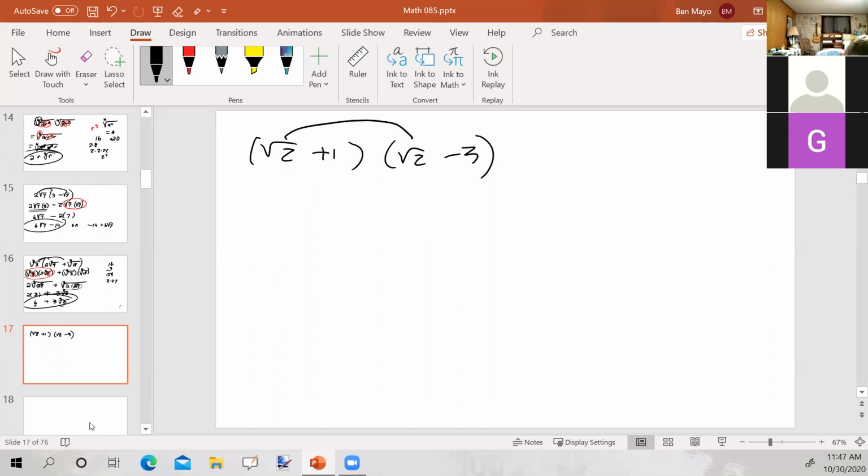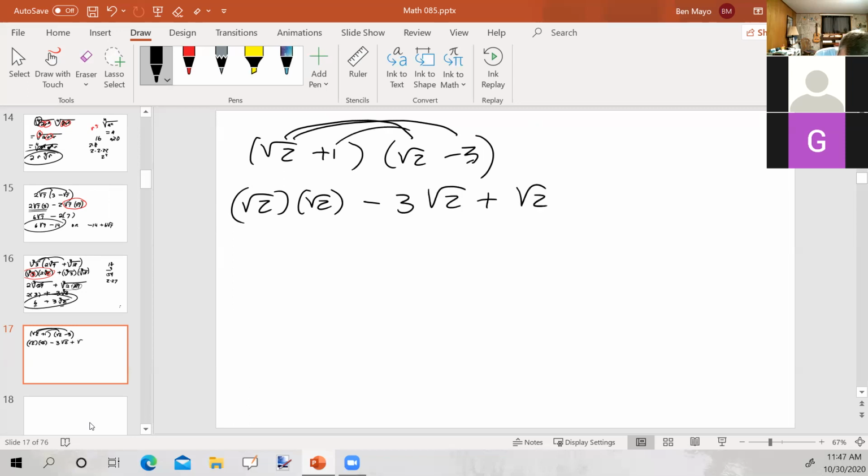We're going to take the square root of 2 times the square root of 2 minus 3 square roots of 2 plus 1 square root of 2 minus 3. Here, I'll go ahead and put the 1 there. I don't really need it there, but okay. Do you see where I got those? Here, let's even do this. So there's my 4 products.